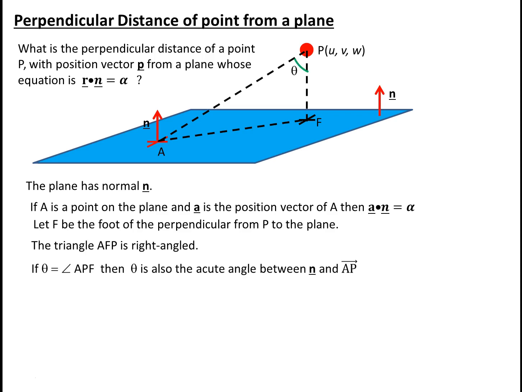If we let theta be the acute angle APF, then chasing round our angles, theta is also the acute angle between n and the vector AP.